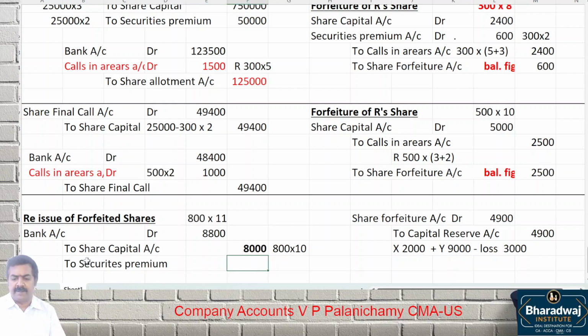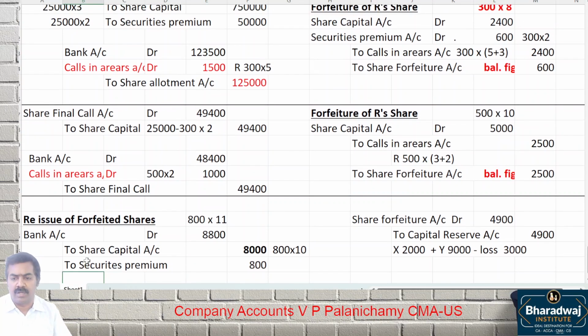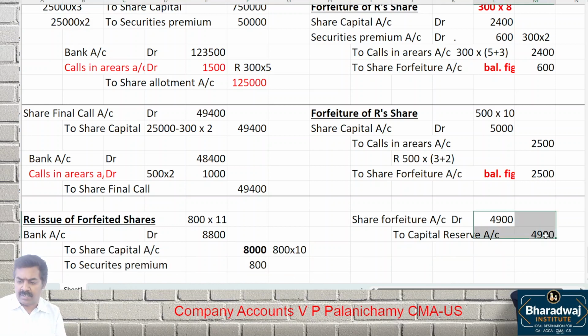Securities premium 800. No loss on reissue. 8,800: 8,000 capital, premium 800. That's all. Now, how much will you transfer to capital reserve? Your 600 plus 2,500, 3,100 we will transfer to capital reserve.